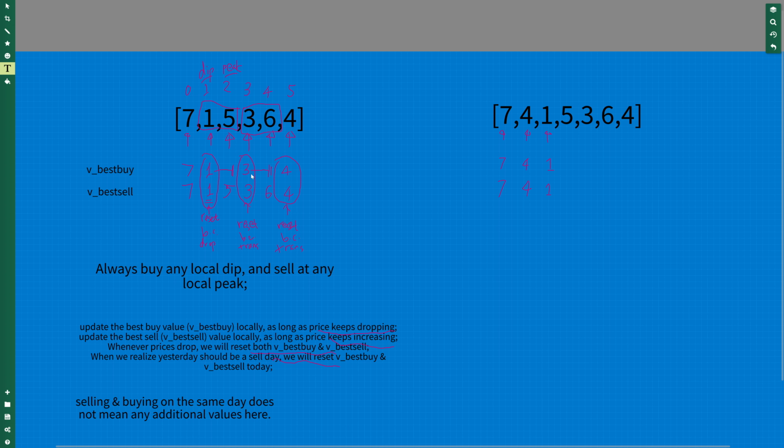So again, what is the condition for triggering a transaction? For example, when we were at 1, we have no idea. When we were at 5, we had no idea whether we're going to sell it or not. There's a chance, but we don't know. But when we're at index 3, we definitely know we want to sell yesterday.